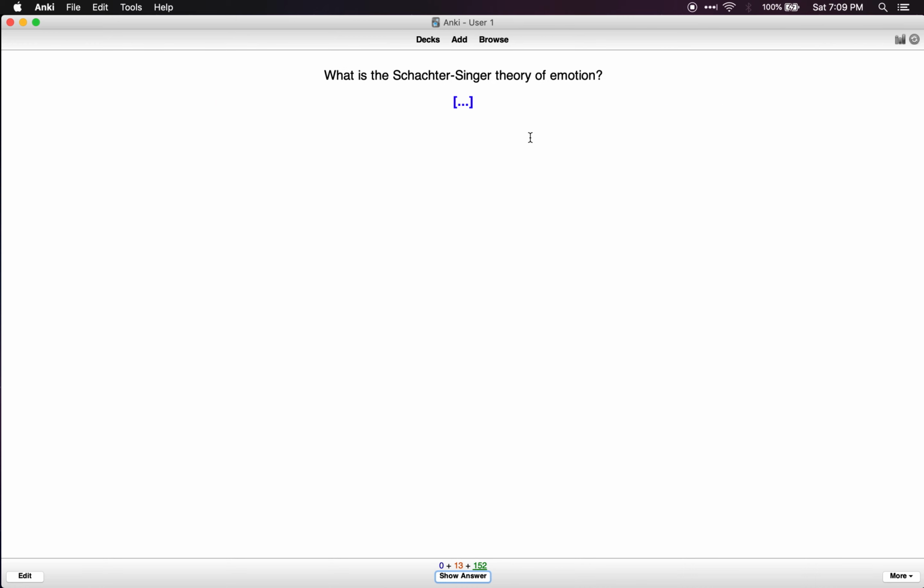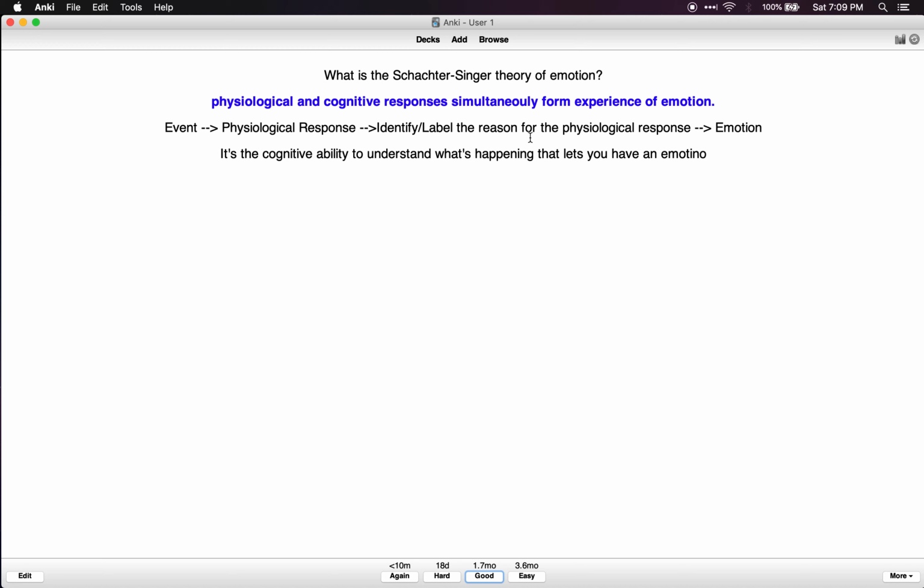What is the Schachter-Singer theory of emotion? Physiological and cognitive responses simultaneously form the experience of emotion.